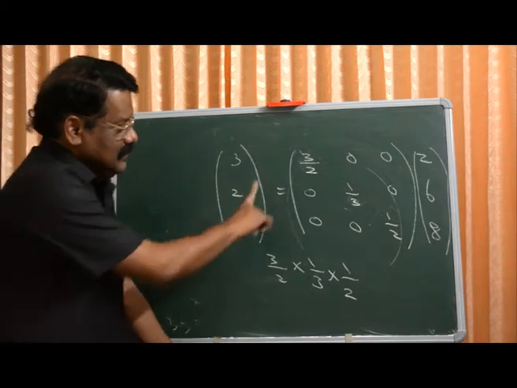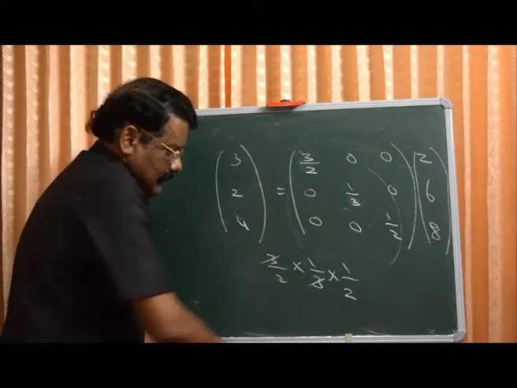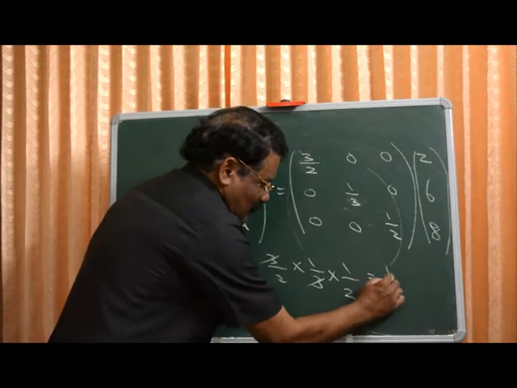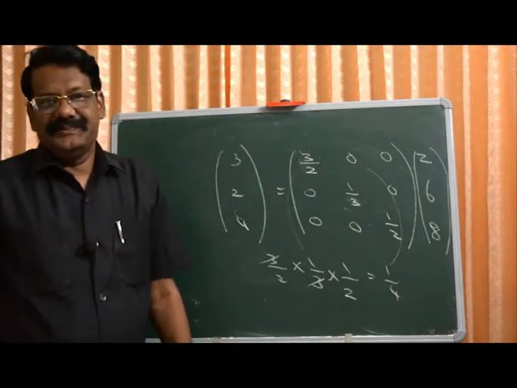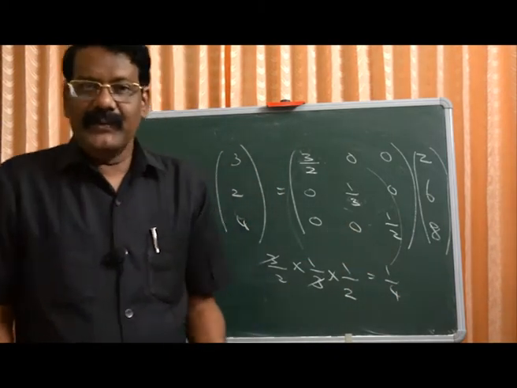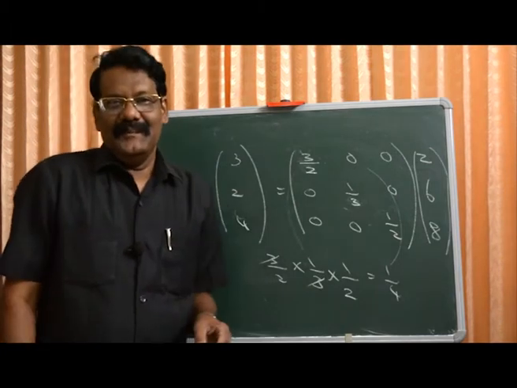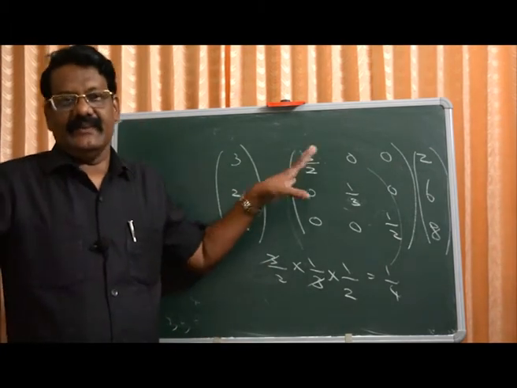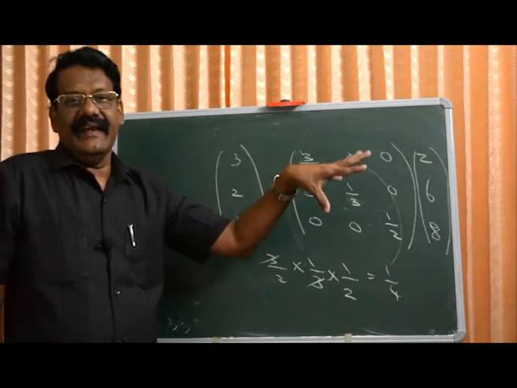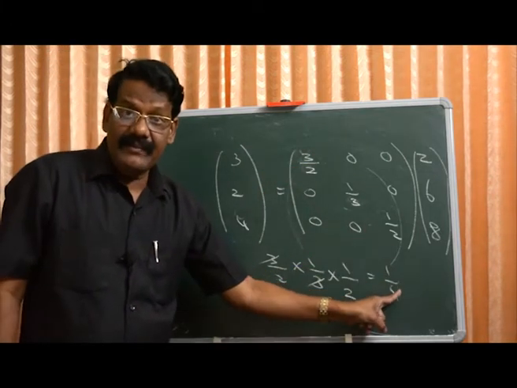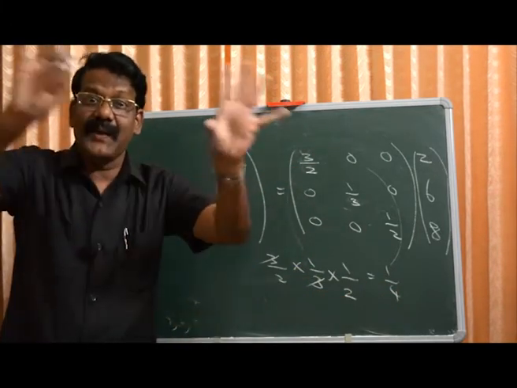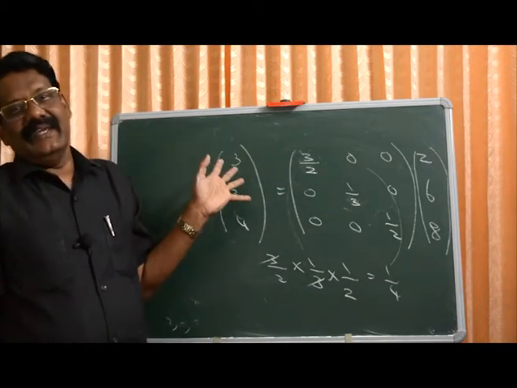So the answer is 1 by 4 kilogram, or 250 gram. So nothing happens actually. A single entity, 250 gram, is split into 9 components. That is actually what happens.